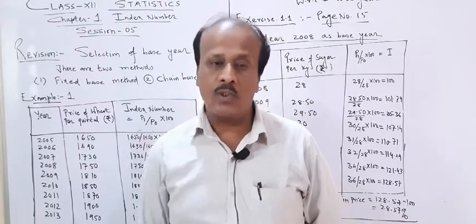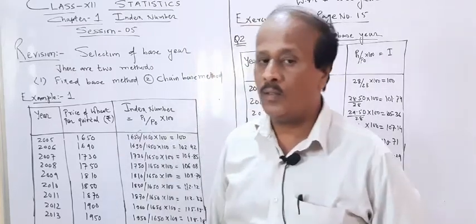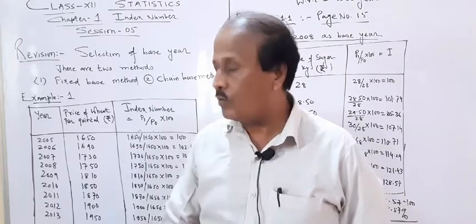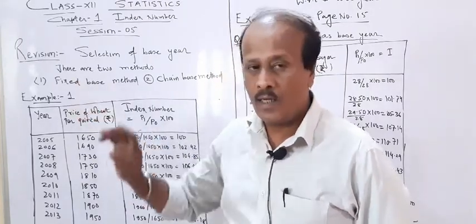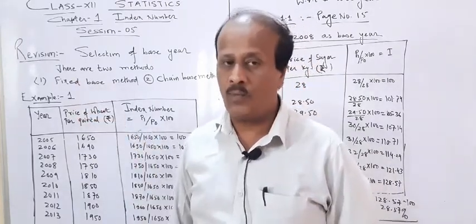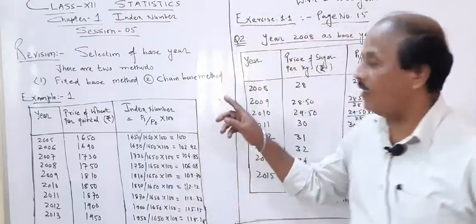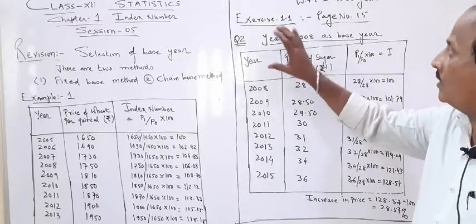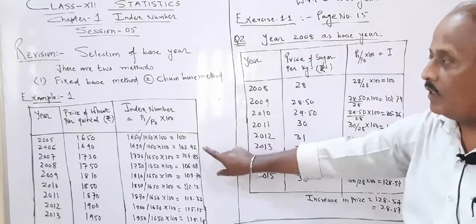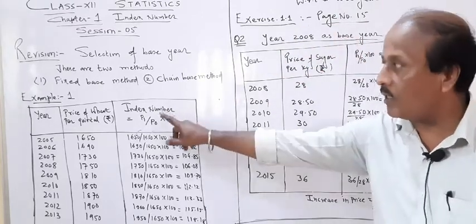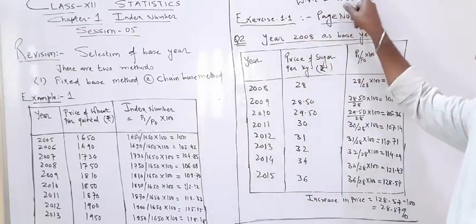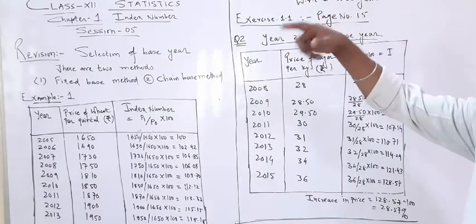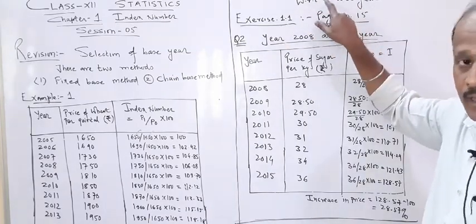I have selected question number 2. Let us see question number 2. There are 3 parts in question number 2. First of all, I am going to support the fixed base method, so I am doing the first part of question number 2. Before this, how are we going to conclude in example 1 the increase in the price of wheat in 2013 with respect to 2005, that is the base year?